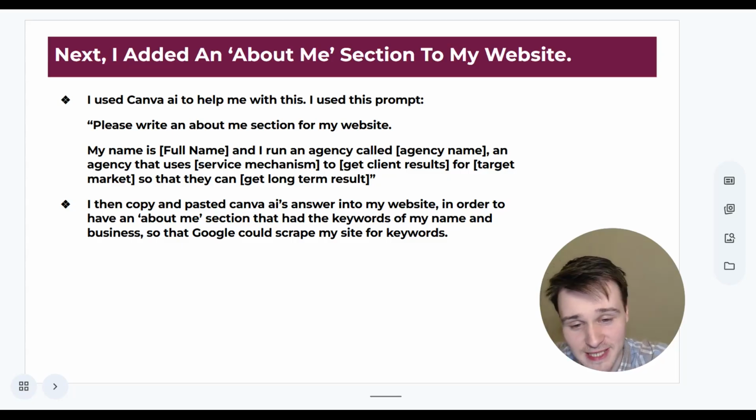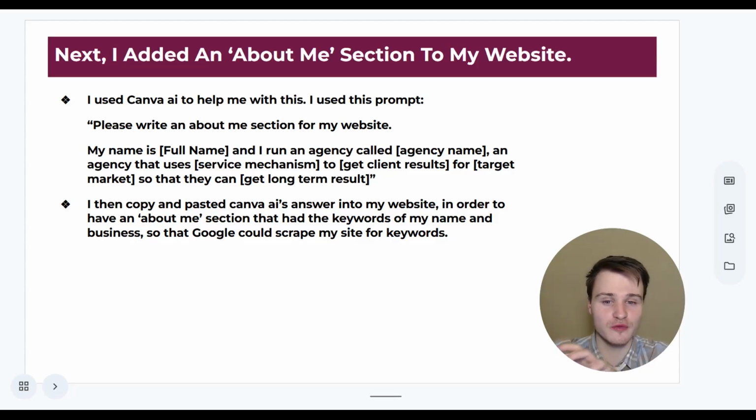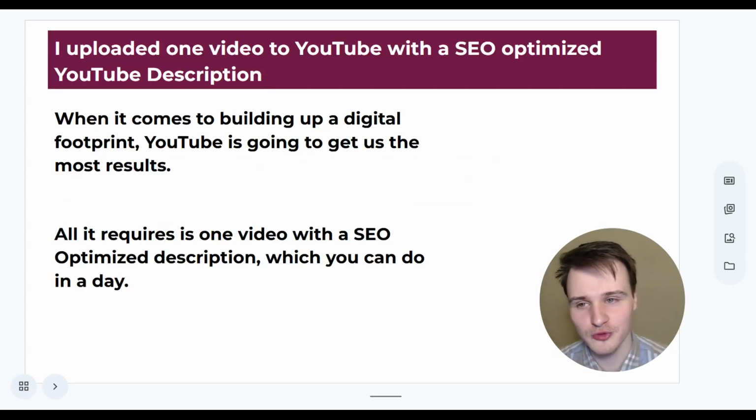I then copy and pasted Canva AI's answer into my website in order to have an About Me section that had the keywords of my name and my business in it, so that Google could scrape my site for keywords. And that was really important.